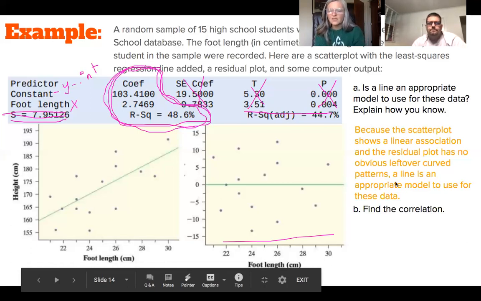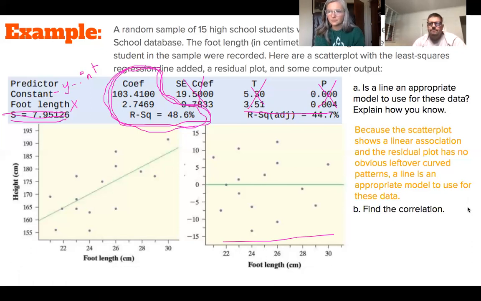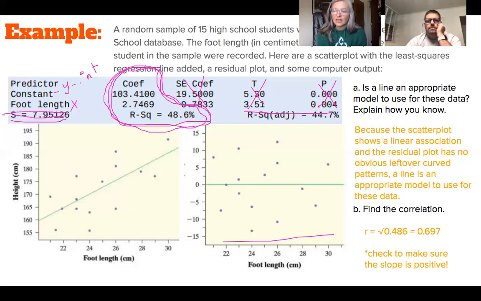And then it says find the correlation. So we got that R squared. Since that's around 0.4, I'm guessing R is around 0.7 because of the square root. It looks really close to 0.49, so it's going to be really close to 0.7. R is going to be the square root of that R squared value. The only thing I will caution you is, remember, R can be positive or negative.